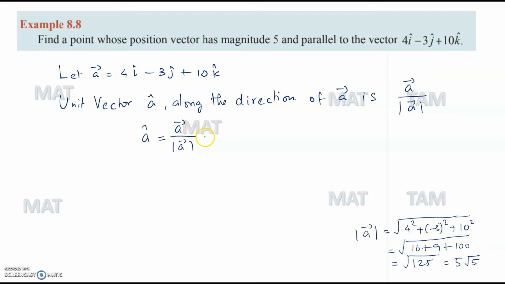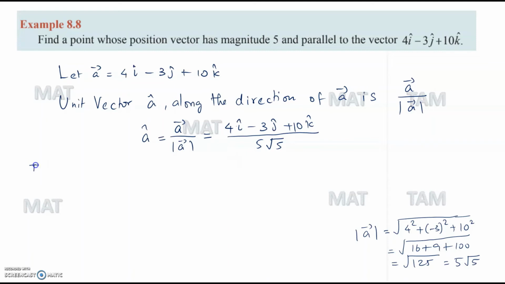Okay, so this will be equal to 4i cap minus 3j cap plus 10k cap divided by 5 root 5.